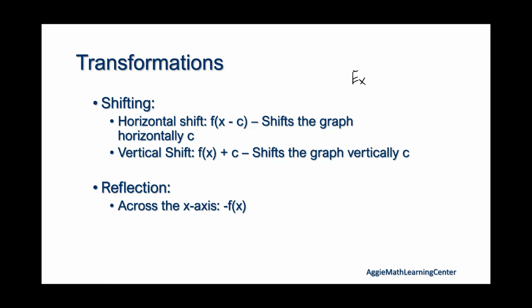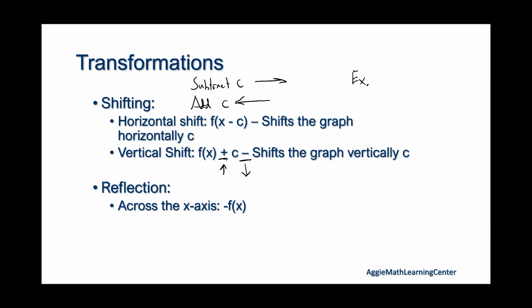If we subtract c, that means we're going to the right. If we add c, like in this example, it means we're going to the left, which sometimes seems counterintuitive to us, but that's only the case for the horizontal shift. The vertical shift does work how we would expect. When we have this plus, it means we're going up. When we have this minus, it means we're going down. So a couple examples.